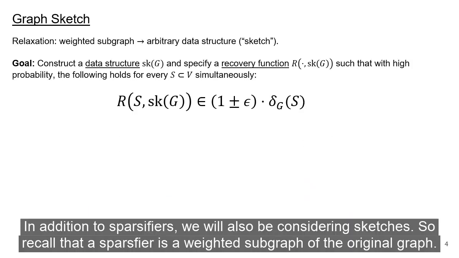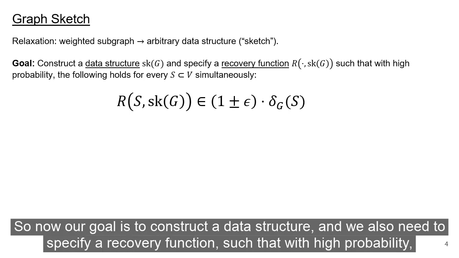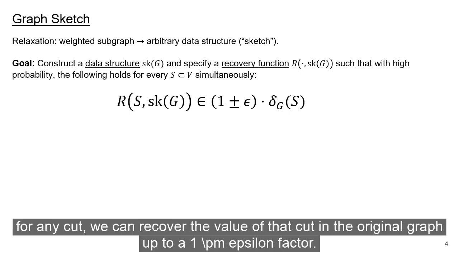In addition to sparsifiers, we will also be considering sketches. So recall that a sparsifier is a weighted subgraph of the original graph. Here we relax this condition to be any arbitrary data structure, which we'll call a sketch. So now our goal is to construct a data structure, and we'd also need to specify a recovery function such that with high probability for any cut, we can recover the value of that cut in the original graph up to a 1 plus minus epsilon factor.